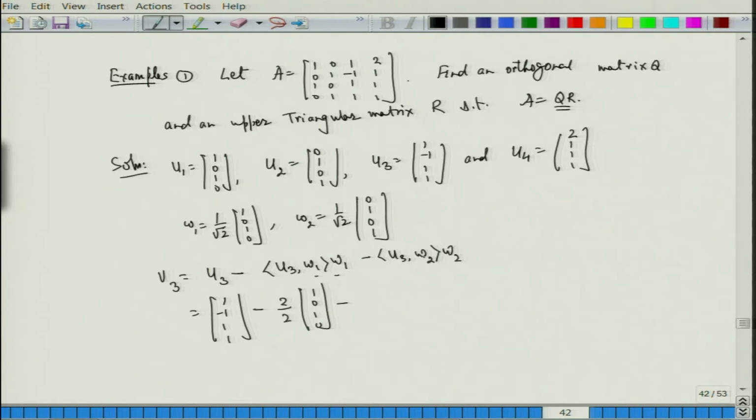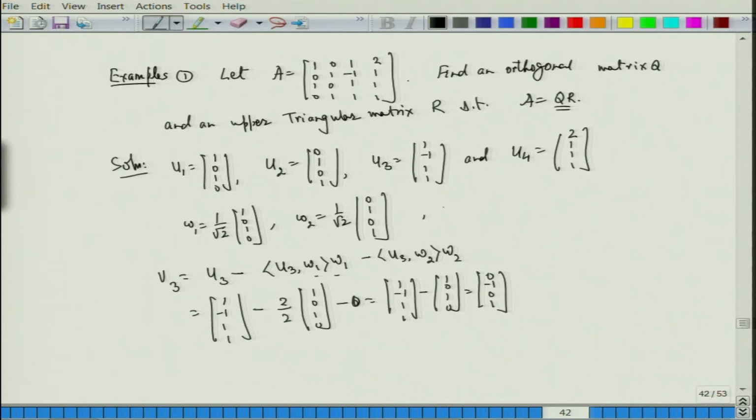Minus U3 with W2: 0 times 1, 1 times minus 1, and 1 times 1 give me 0, so it does not give me anything. So it is nothing but 1 minus 1 1 1 minus 1 0 1 0, which is equal to 1 minus 1 is 0, minus 1 minus 0 is minus 1, 1 minus 1 is 0, and 1 here. Fine.